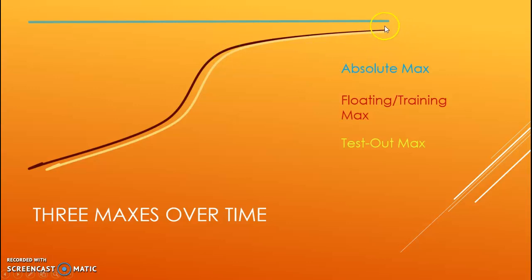Now if you program this correctly, if you were to test out at any given time, that test out max would lag a little bit behind that floating max because you're applying a training stimulus and your body would not be actually prepped for a test out attempt until you get deep into that mesocycle, as you get closer and closer to your test out.